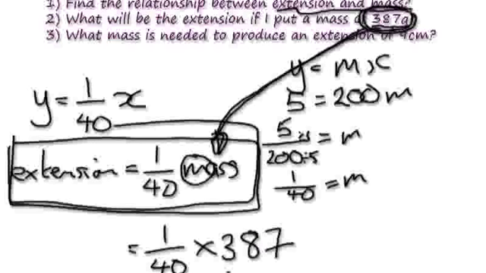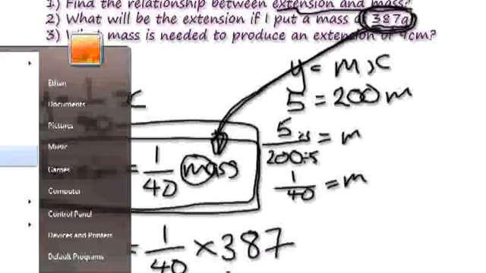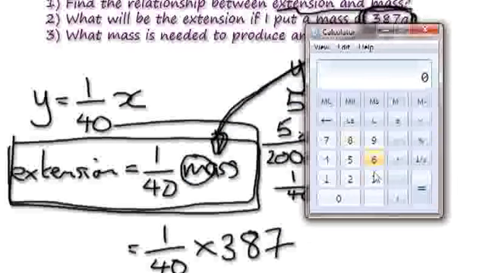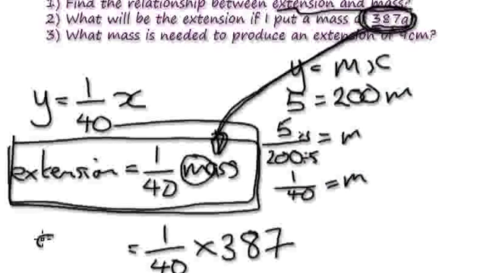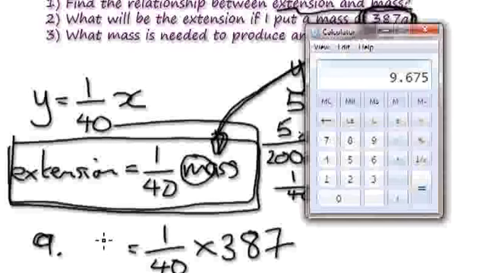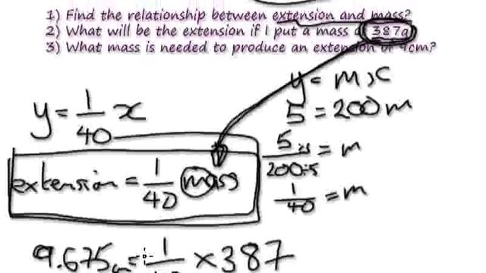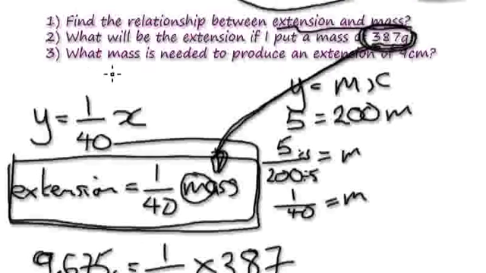That's 387 divided by 40. So the extension will be 9.675 centimeters.